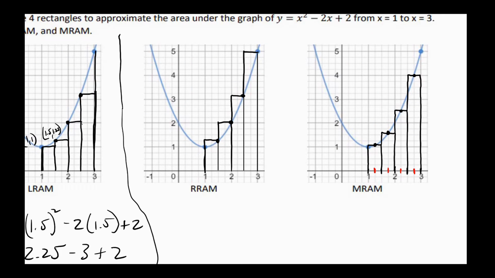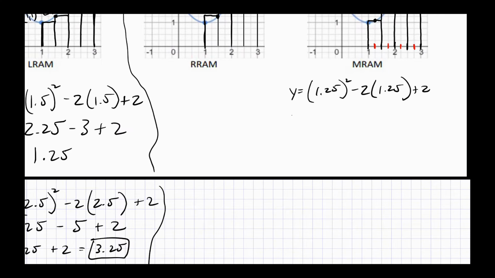So the first one, x is 1.25. That determines the height, so I'm going to plug in 1.25 for x. The function is at the top of this page. I'm going to see what I get.